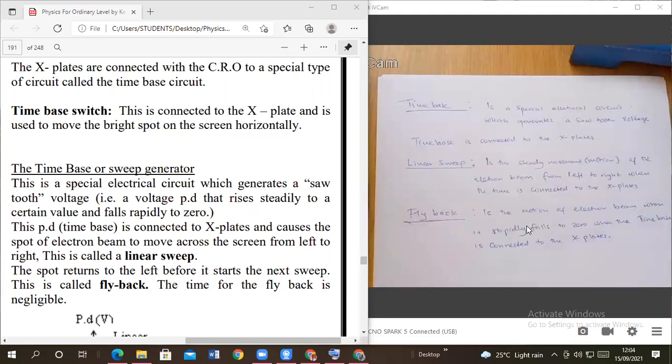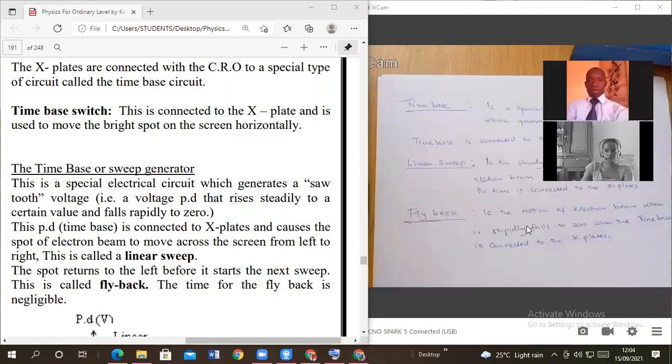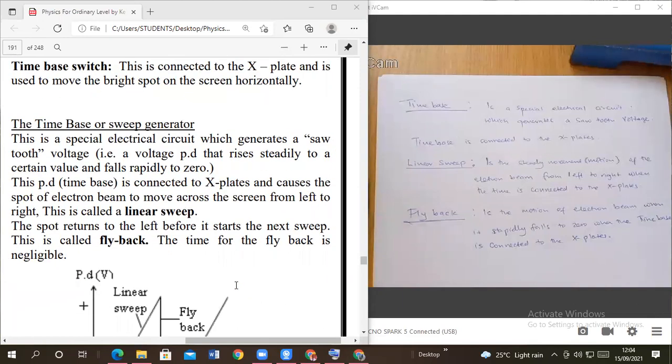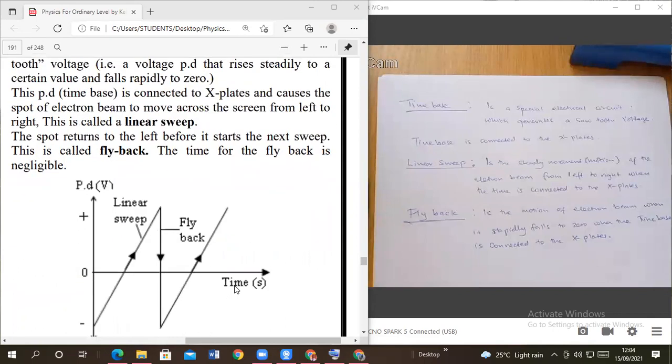So that is the flyback. This flyback takes place in the shortest time. It is very hard to notice that time. So this is where we have the linear sweep from left to right. Left is negative and right is positive.